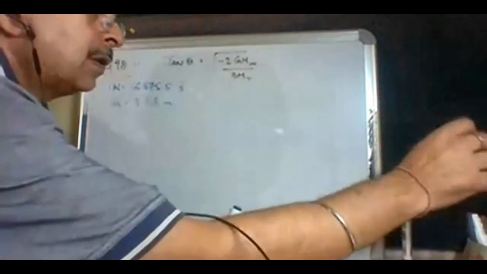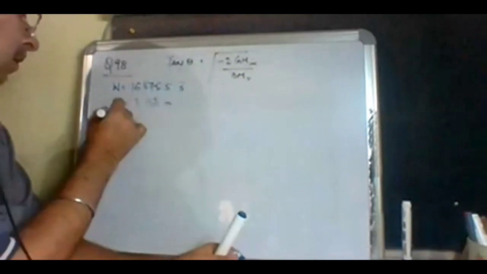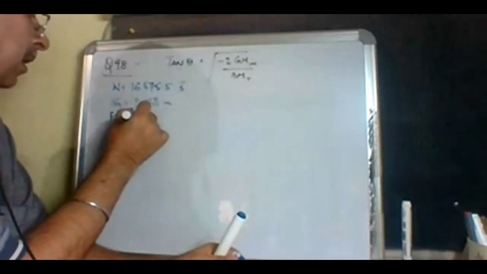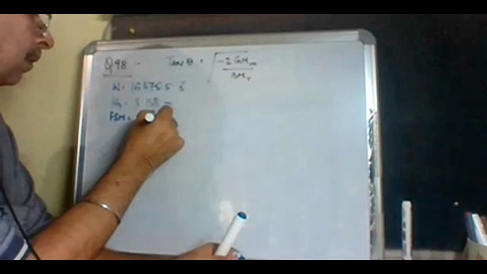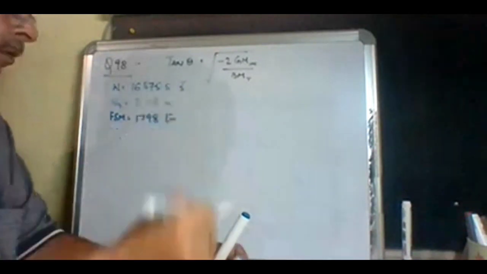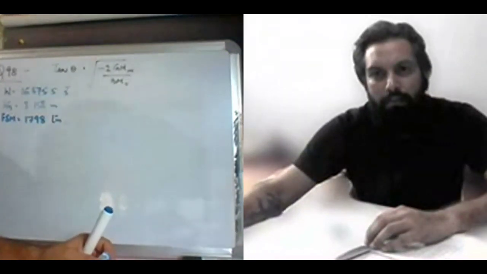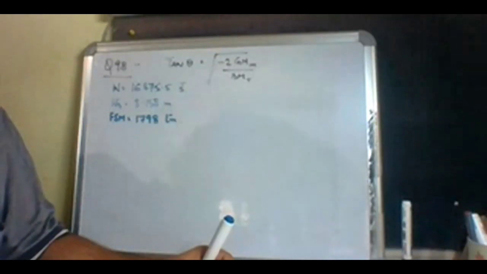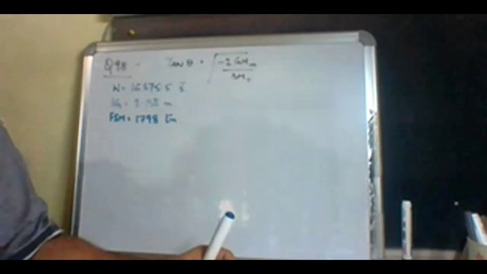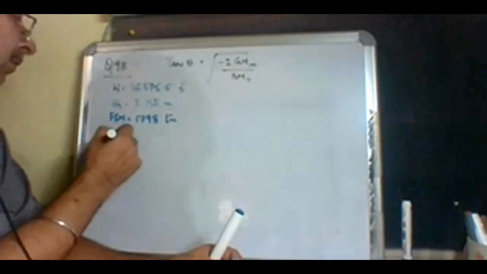FSM is 1798 tonne-meters. Assuming her to be a wall-sided vessel, calculate the angle of Loll. Also calculate her GM at angle of Loll.